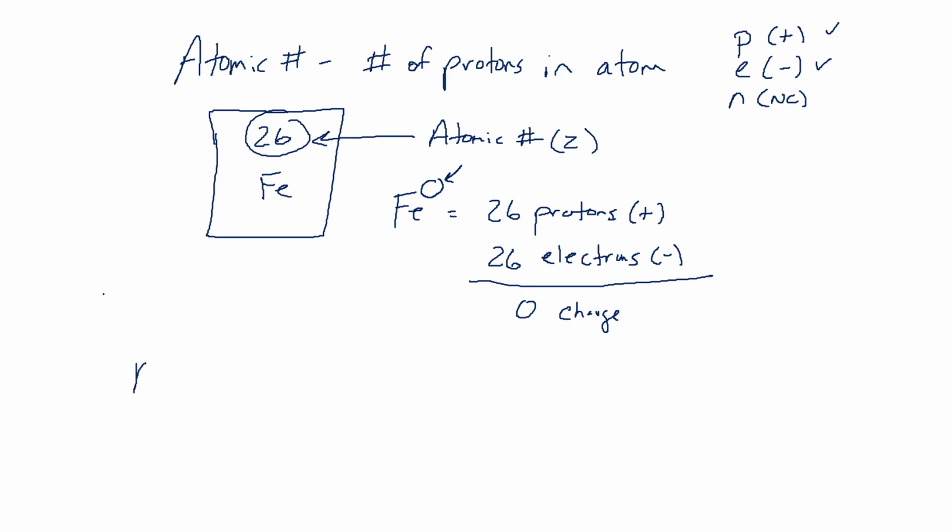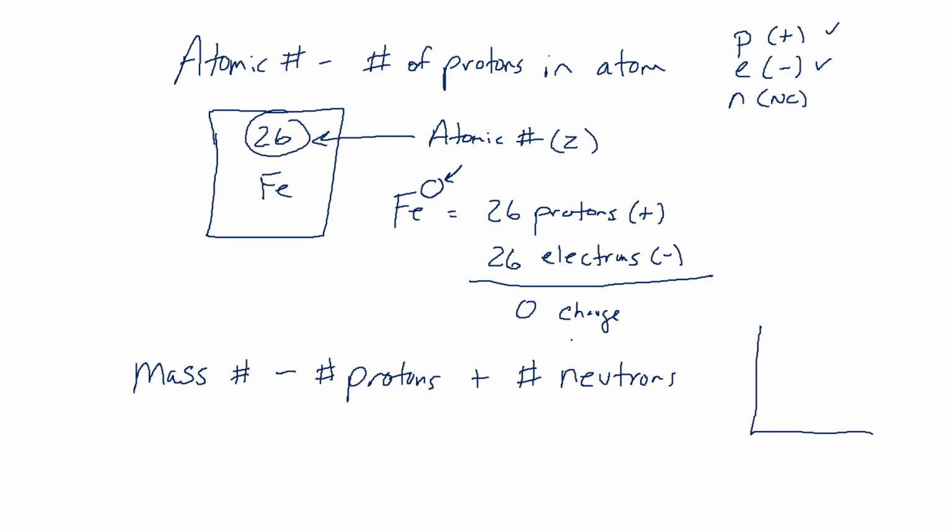Now, we also have mass number, which is the number of protons plus the number of neutrons. And when we look at the periodic table, another very common error people make, for example, going back to our friend iron here with 26 up on top, is that on a lot of people's periodic tables there's maybe a 55.85 written there on the bottom.